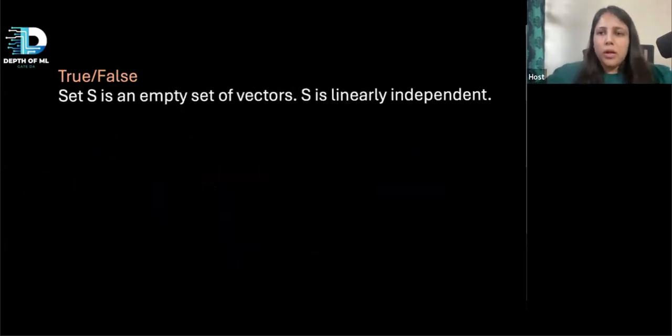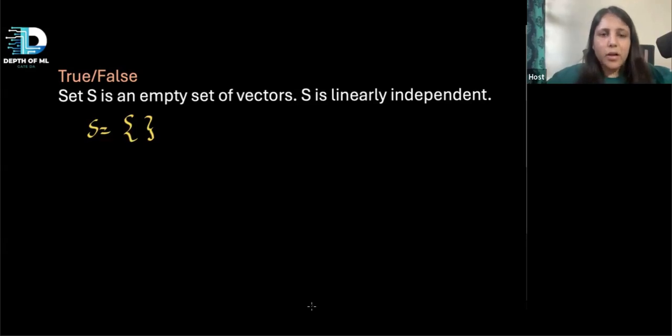Suppose now another question that I have is: set S is an empty set of vectors. Is S linearly independent? So I am defining S to be this. Is this linearly independent or dependent? Think about it in terms of the definition that we have seen.